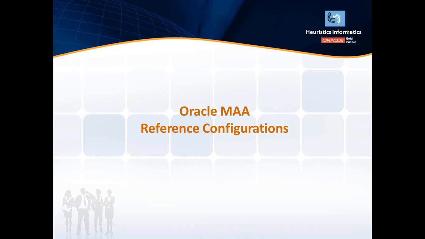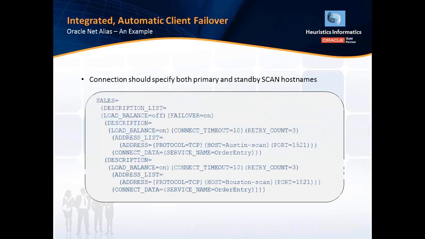This is typically how you would configure connection parameters or TNS names parameters on your client applications. As you can see, we've got multiple descriptions set up, first for the primary, which is the Austin scan, and then for the secondary, which is the Houston scan.